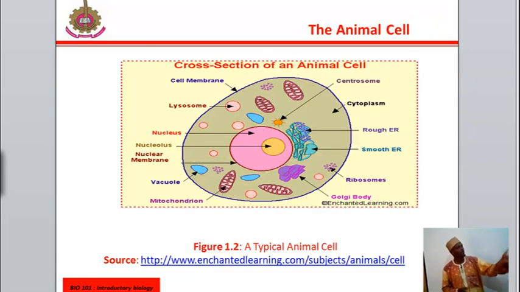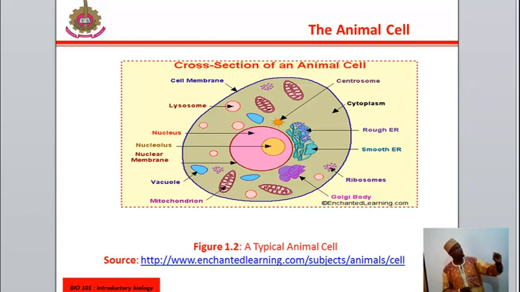This is a typical animal cell. It has the outermost layer as the cell membrane. This is one of the differences between plant and animal cells. If you remember, the outermost layer of the plant cell is the cell wall.